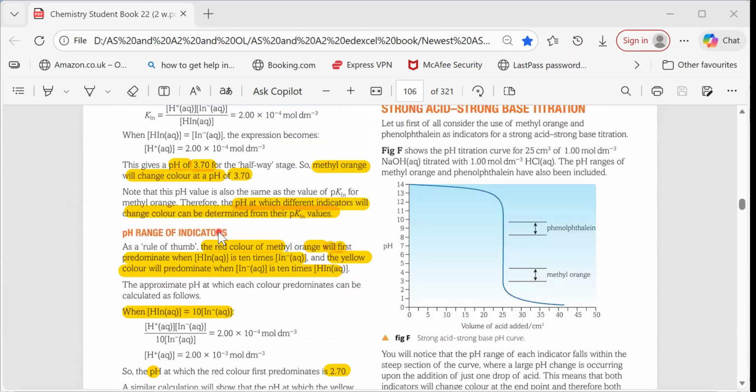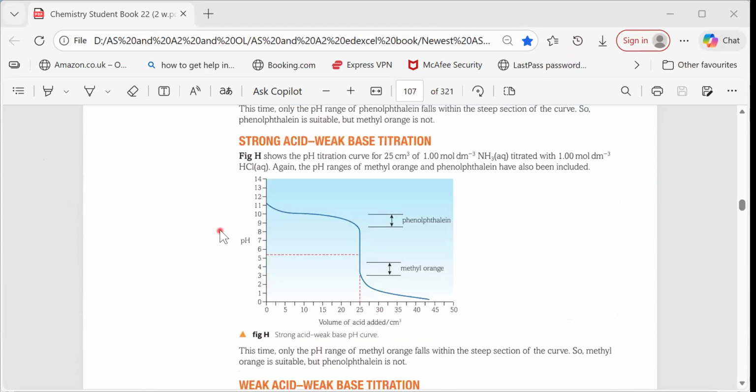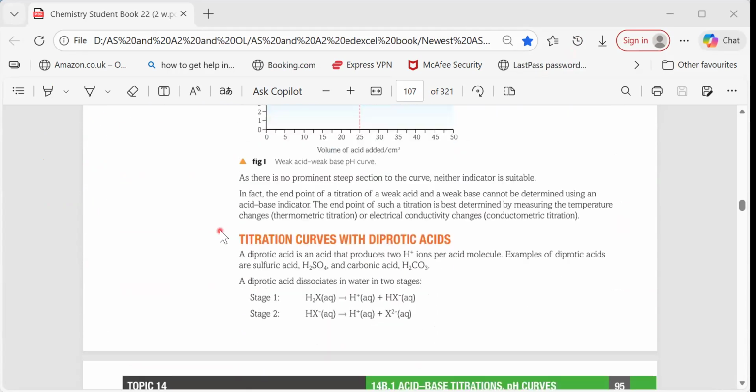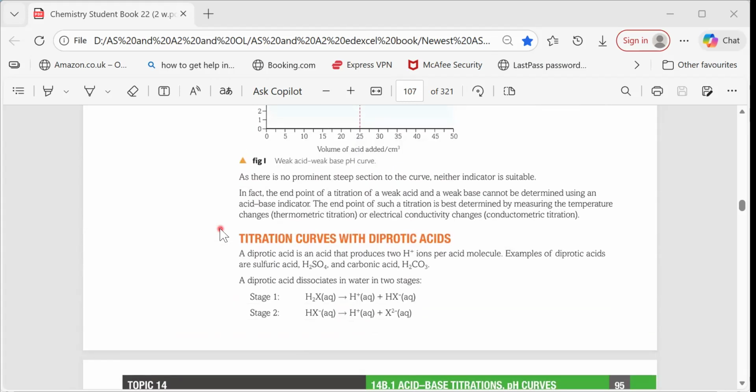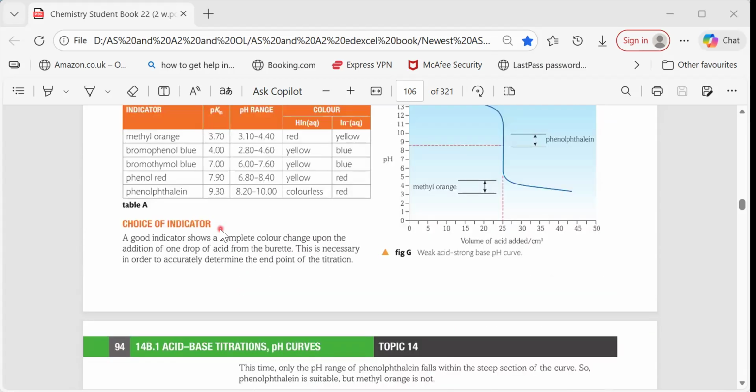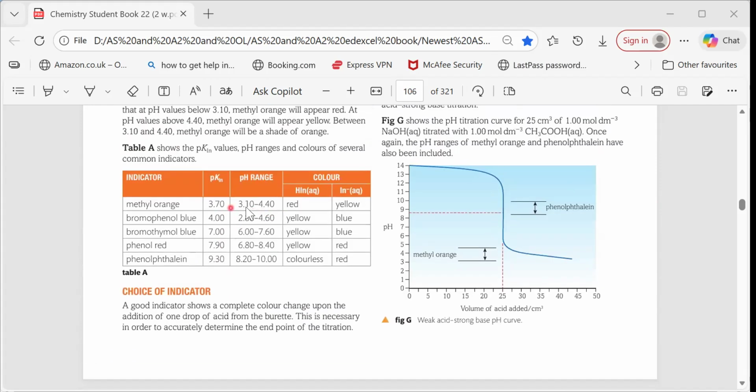So if we have, as nowadays they ask, you have to choose the indicator whose pH range lies on the vertical line of the equivalence point.